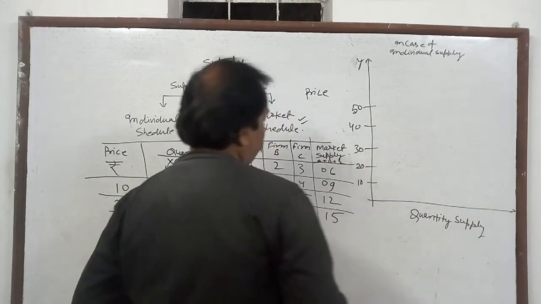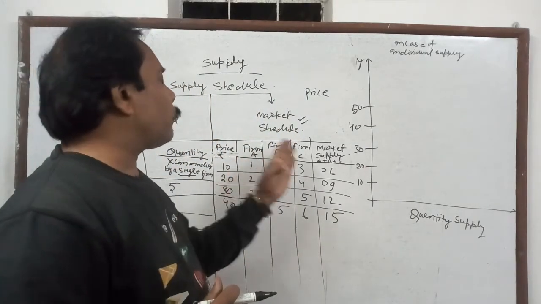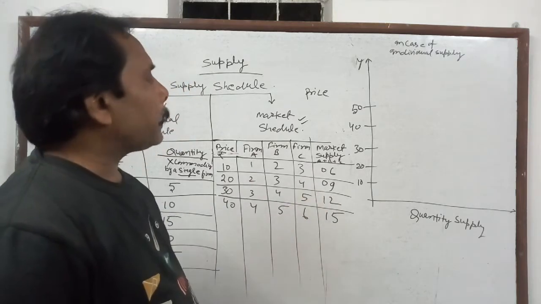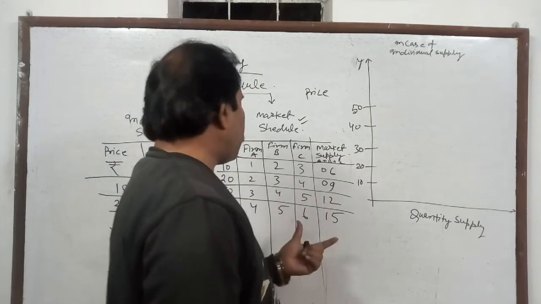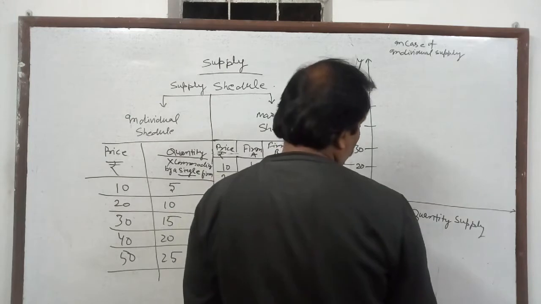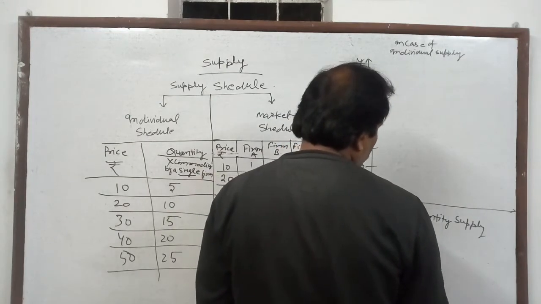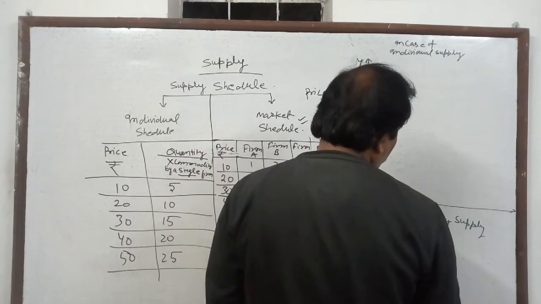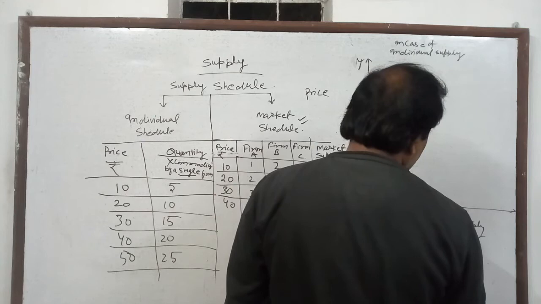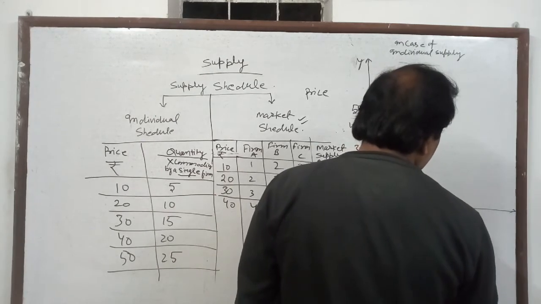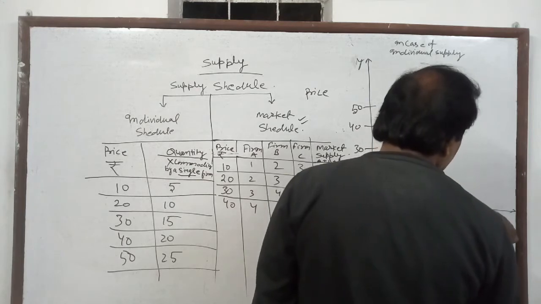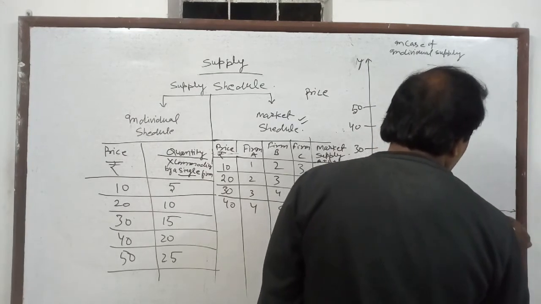If you want to show individual firms' supply and after that make the graphical representation of market supply, you will have to take up to 15 because the highest value is 15. So 1, 2, 3, 4, 5, 6, 7, 8, 9, 10, 11, 12, 13, 14 and 15.